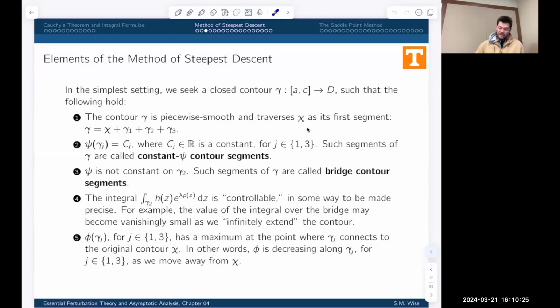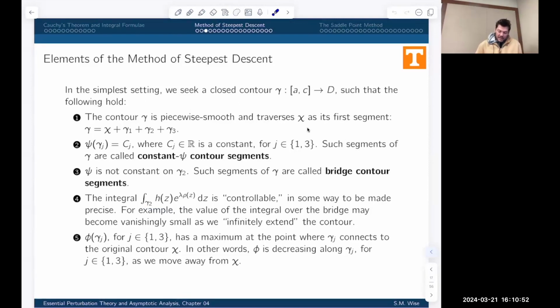From there, we have to introduce what's called a bridge contour, and the bridge contour is going to connect contours j equals 1 and j equals 3. We're not going to be able to say anything super nice about that segment, only that on it the integral is going to be controllable.